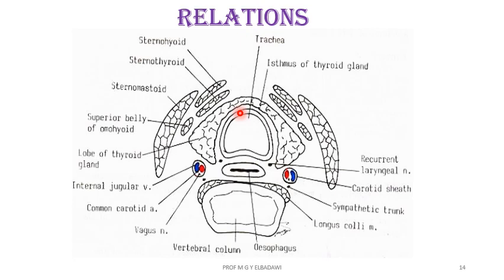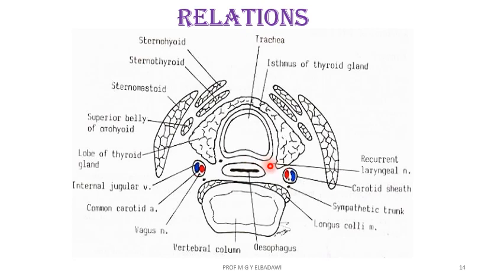Superiorly it is separated from the thyroid cartilage by the cricothyroid muscle and separated from the pharynx by the inferior constrictor. Inferiorly, it will be separated from the trachea and the esophagus by the recurrent laryngeal nerve lying between both of them.